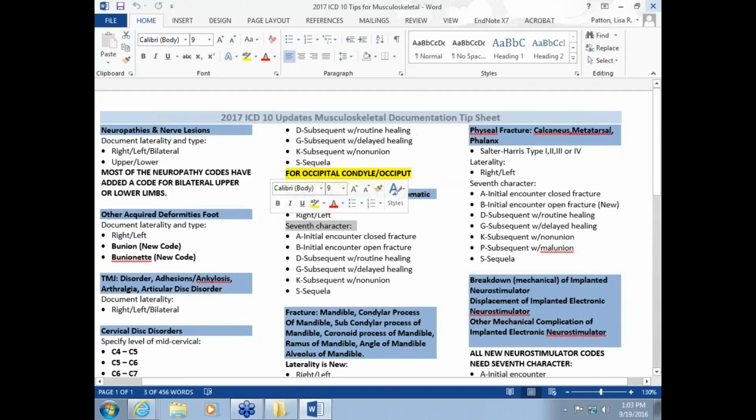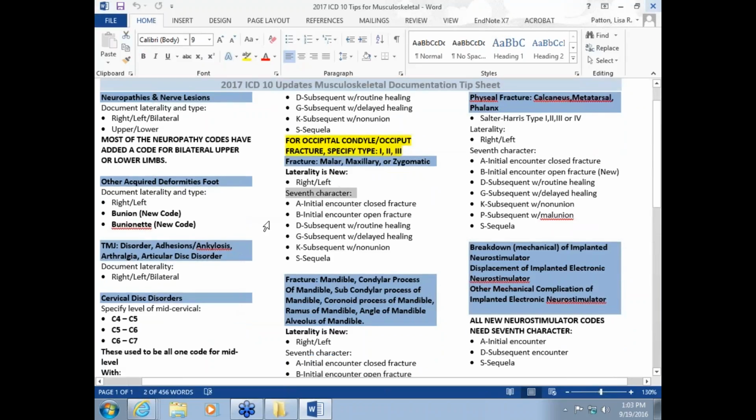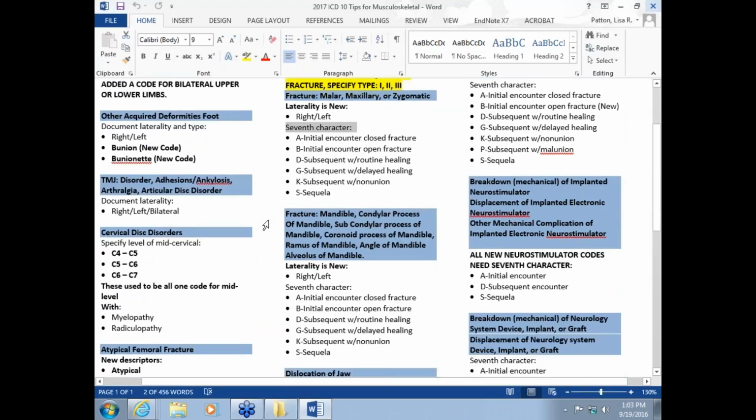TMJ is now right, left, and bilateral. So that's new. One of the biggest things, especially in spinal surgery, for your C-spine, instead of mid-level for C4 through C7, it's now broken down to C4 through C5, C5 through C6, and C6 through C7. So it's not just one code now, it's three.